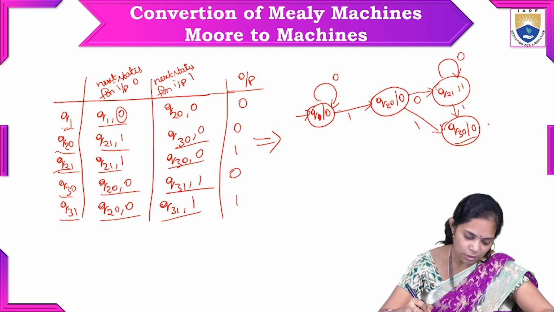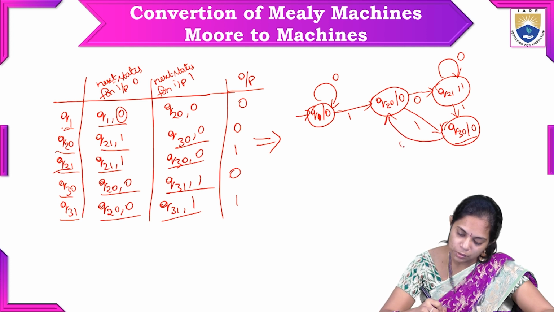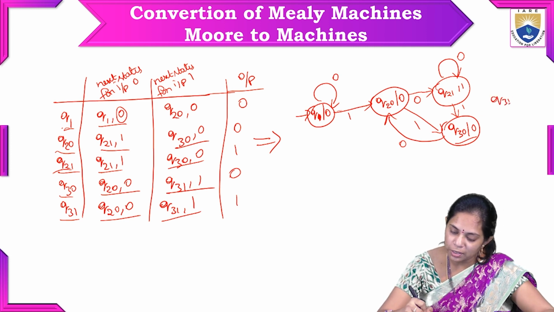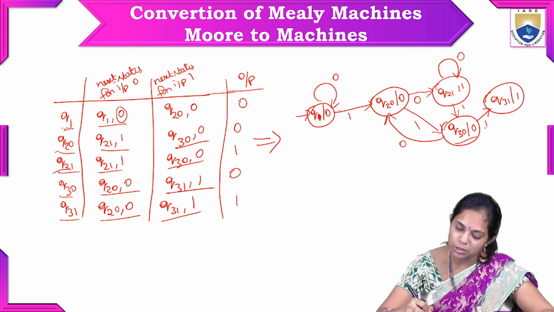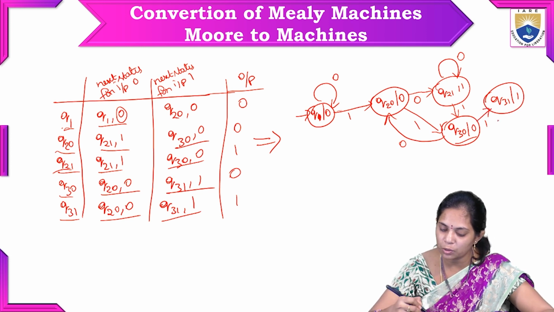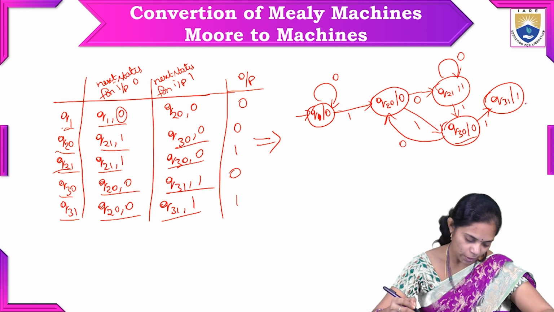And from Q3 0, it goes to Q2 0 with the input symbol 0. We have to write one more state: while giving 1 as an input symbol for Q3 0, it goes to Q3 1.